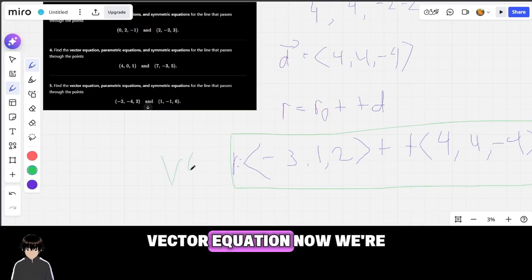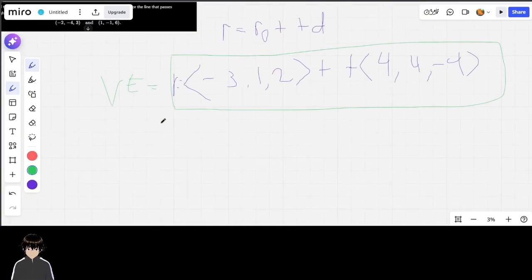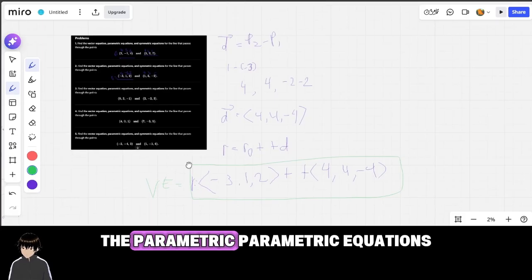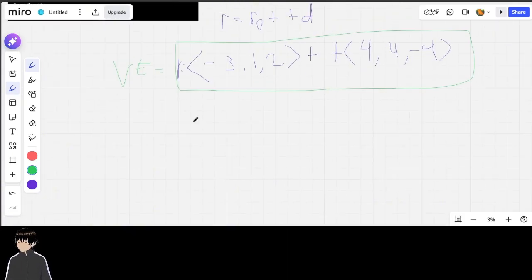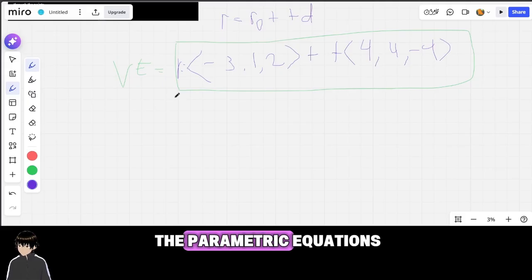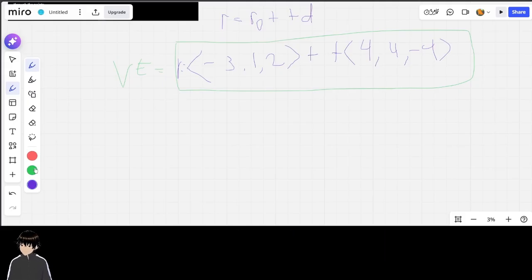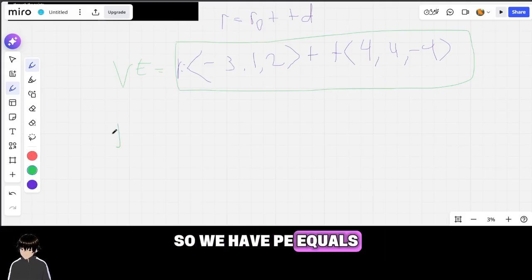Now we're going to find the parametric equations.